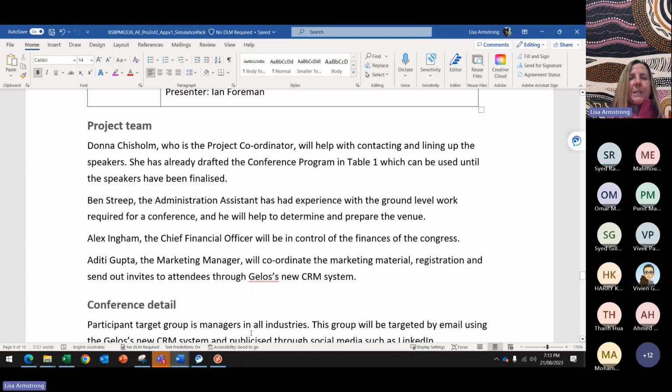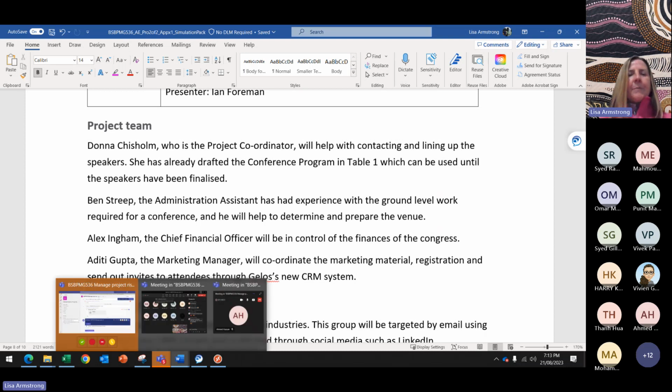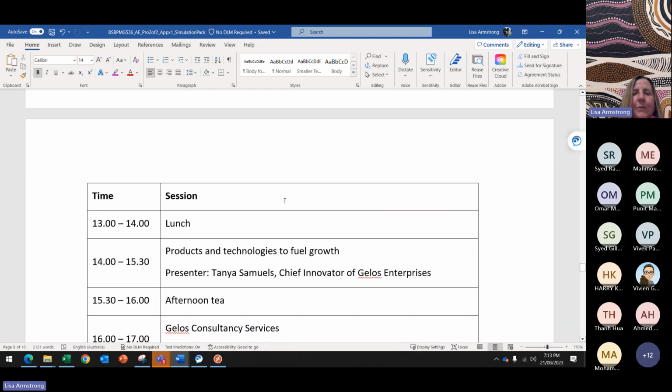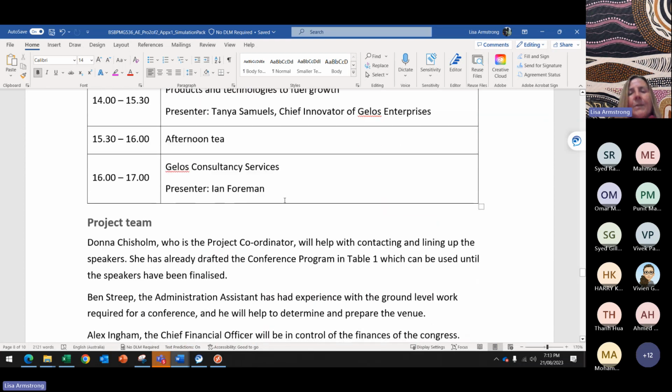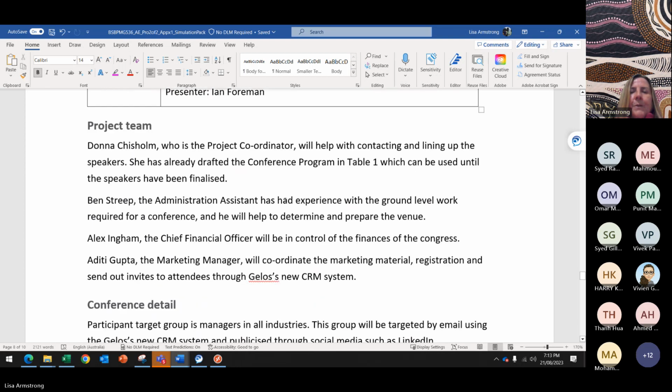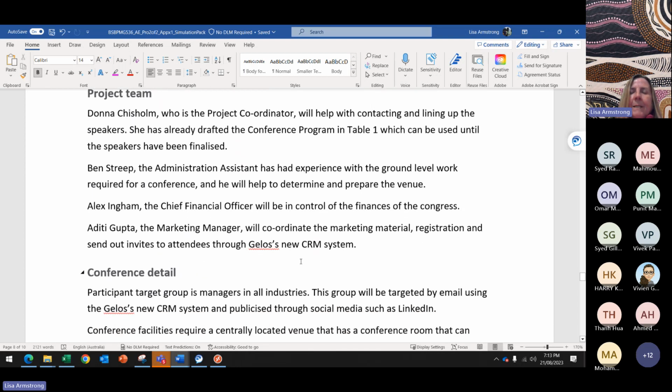We have a project team. Donna, project coordinator, will help with contacting and lining up the speakers, and has already drafted the conference program, so that's a deliverable already drafted. Ben is the admin assistant and has had experience at the venue, so that's Ben's area of expertise.